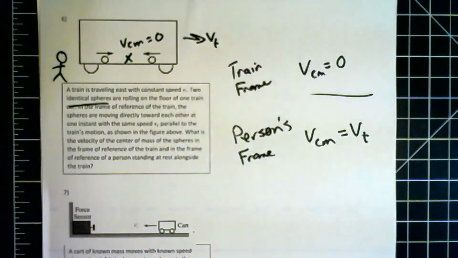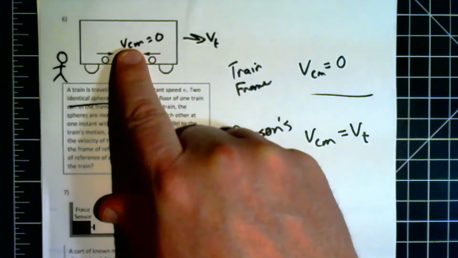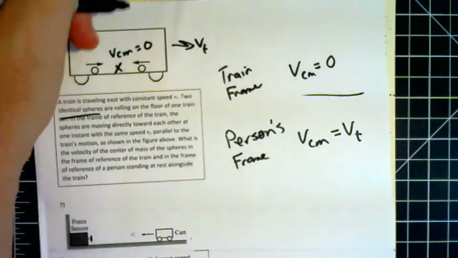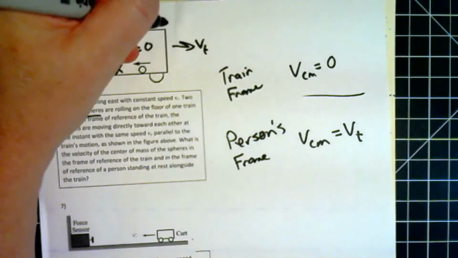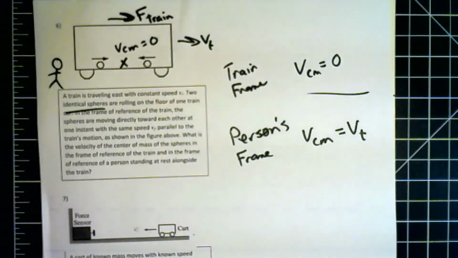So a difference of perspective does matter when you're thinking about a center of mass velocity. In the train's frame, there are no external forces, and so the center of mass velocity is constant. For the person's frame, there is a force being exerted. There's probably some force of the train making this thing move, and so that means that that center of mass velocity could be something different.